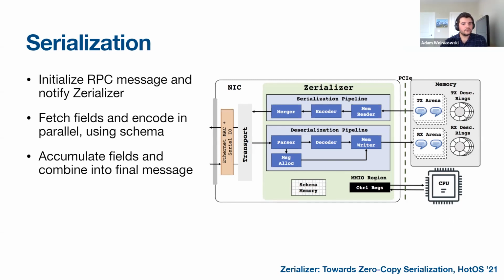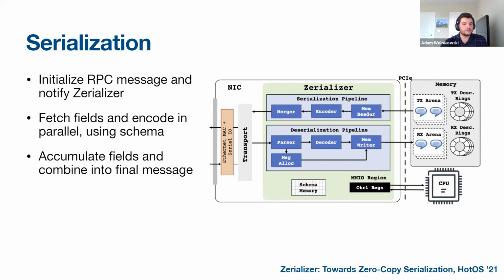With that initialization completed, the serialization process begins with an application allocating and initializing an RPC message object in the transmit arena. It creates and adds a descriptor to the transmit descriptor ring, and notifies the serializer with an MMIO write.